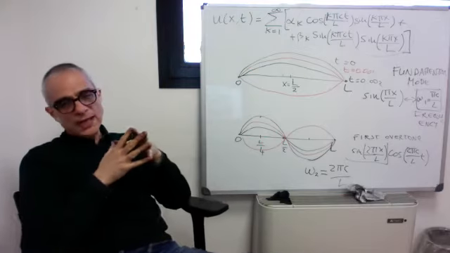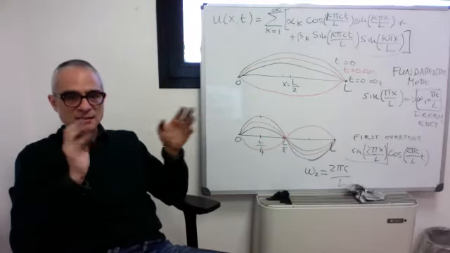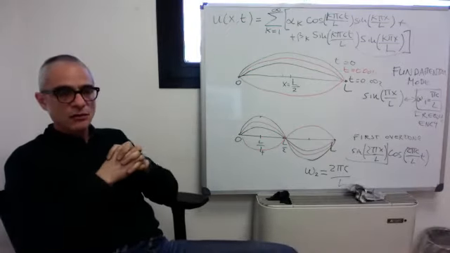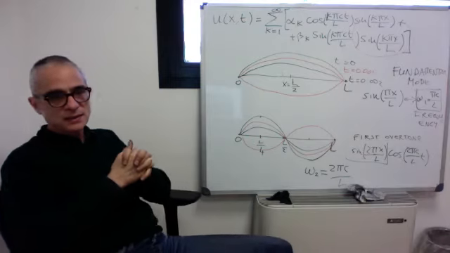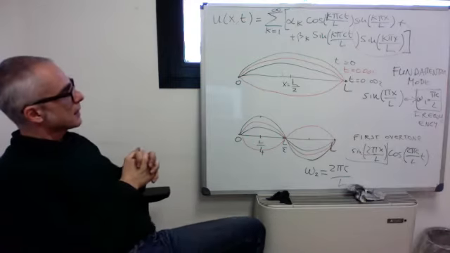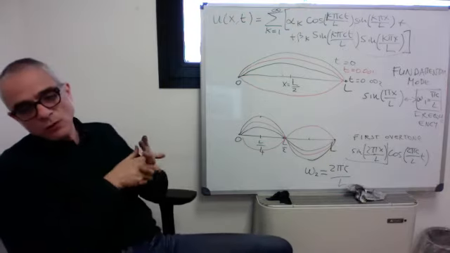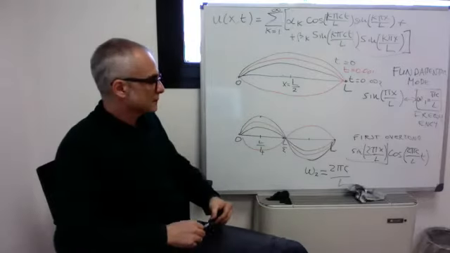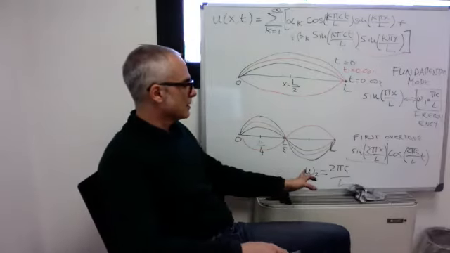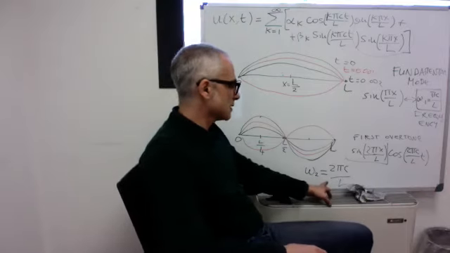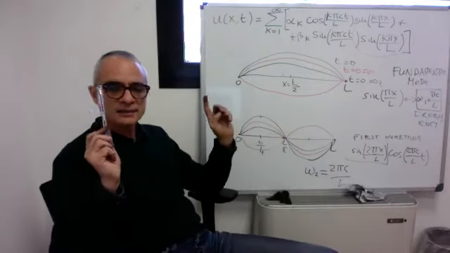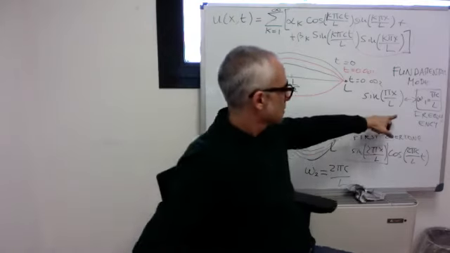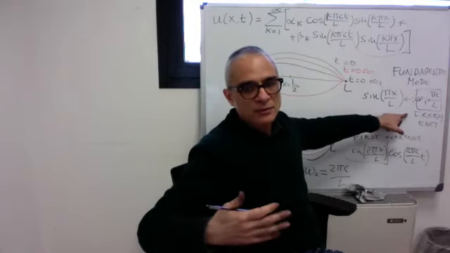And what I want to do now, unless you have any questions, is think about the physical meaning of this in terms of how a musical instrument works. What we discovered is that there's only a discrete, infinite but discrete set of frequencies that are allowed to happen on these strings.